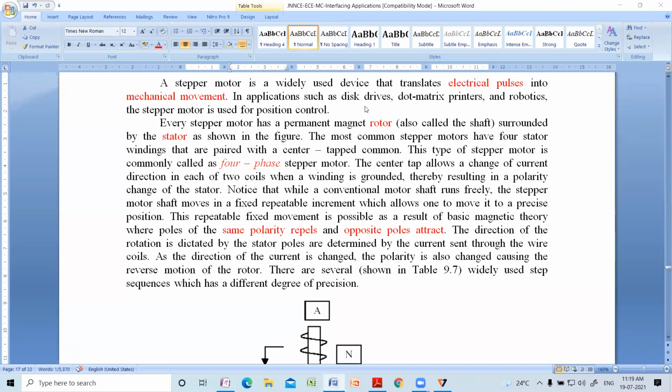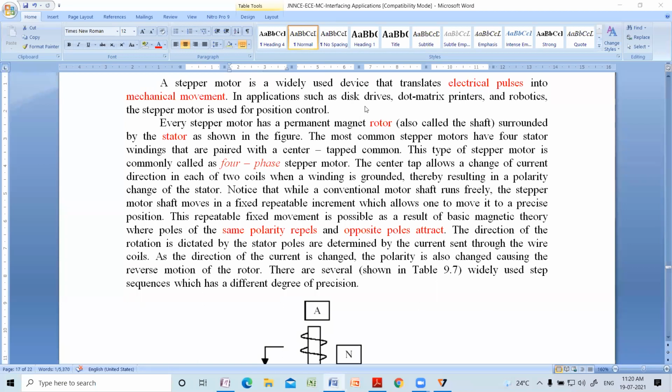A conventional motor rotates freely, whereas the stepper motor rotates in fixed repeatable steps, which allows one to move to a precise position. The repeatable fixed movement is possible as a result of basic magnetic theory, where poles of the same polarity repel and opposite polarity attract.